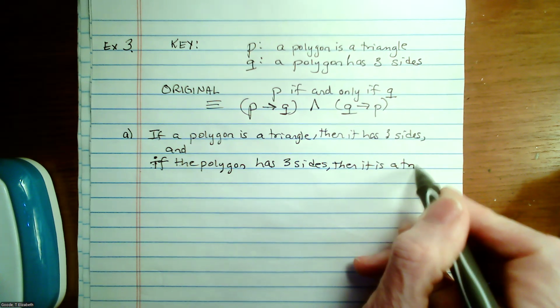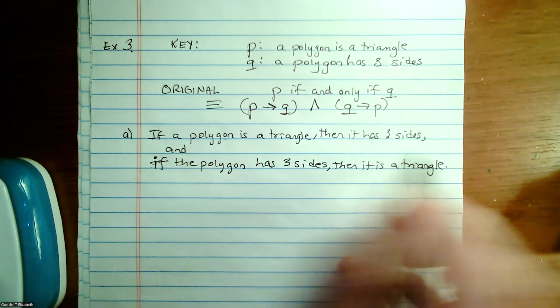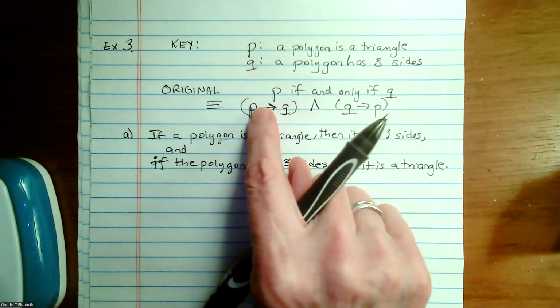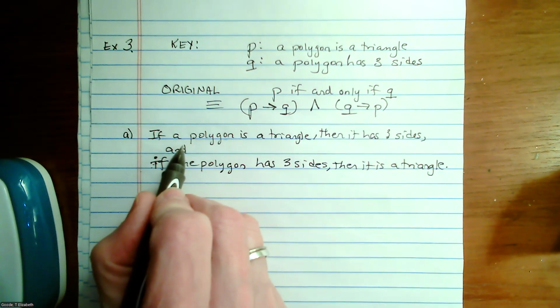I'm just going to space it out. So what we're going to do is use your key and try to figure out if this statement A turns out to have both of these with an and between them. Of course, there is an and there.